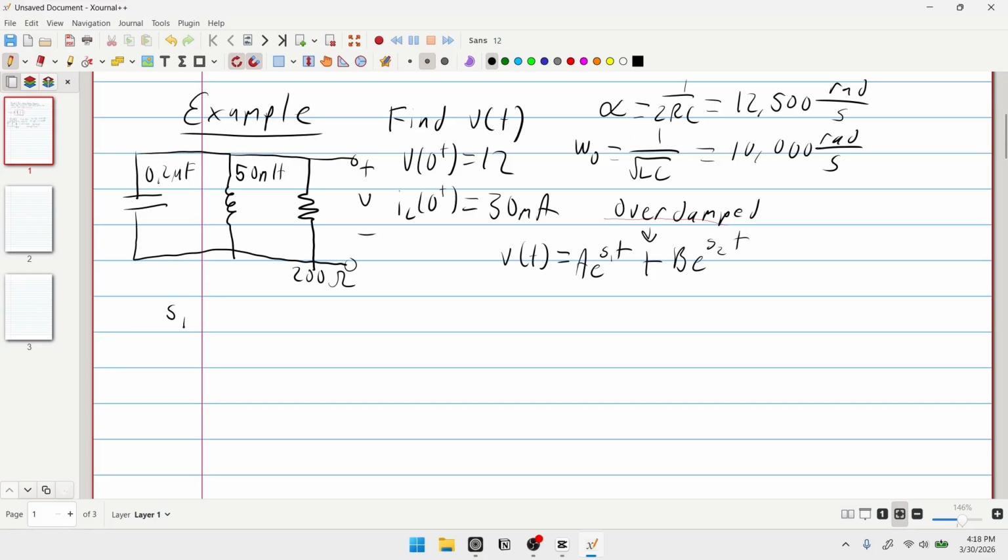So s1 is equal to negative alpha plus our damped frequency. S2 is equal to negative alpha minus our damped frequency, right? Nope, I'm completely wrong. I'm so sorry. Never mind. Spin that back.